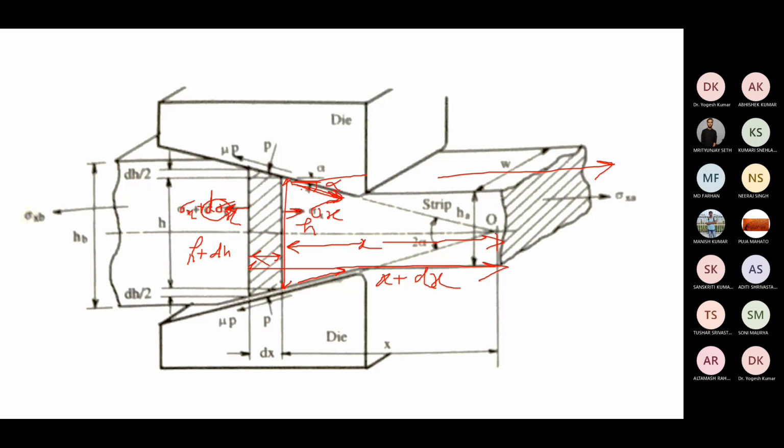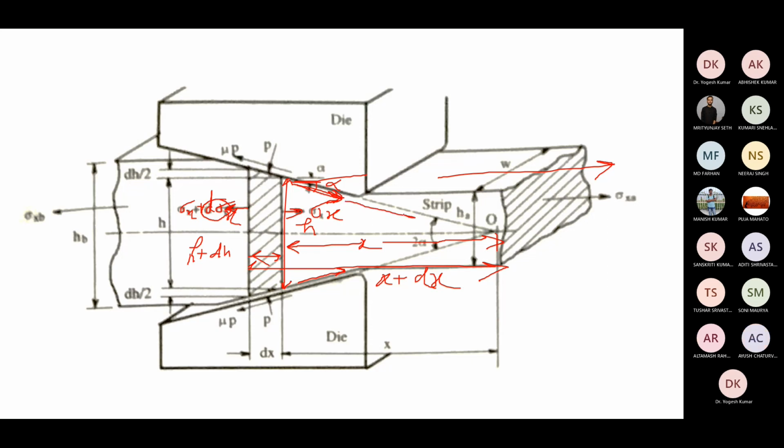Because the material flow direction is this in this deformation zone, there will certainly be some friction between the surfaces of the die and your metal. So the opposing force will be acting opposite to the direction of your material flow.